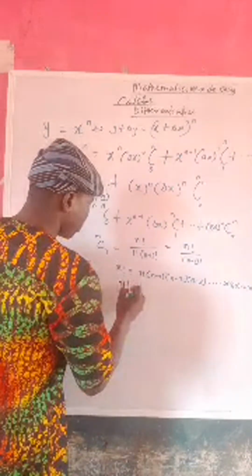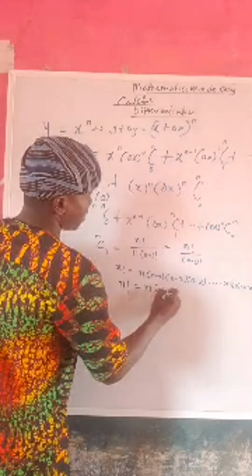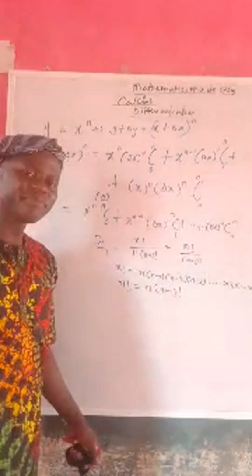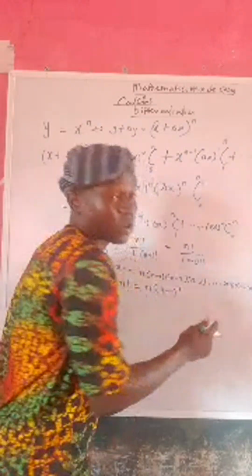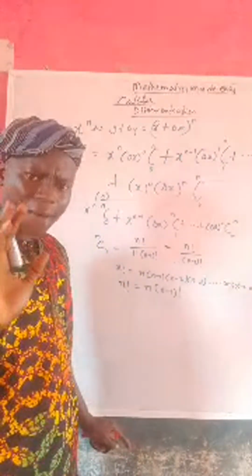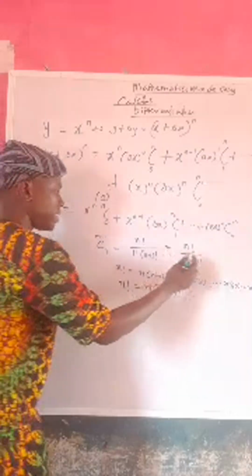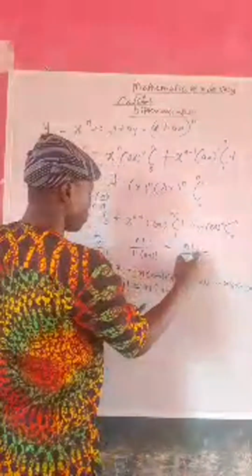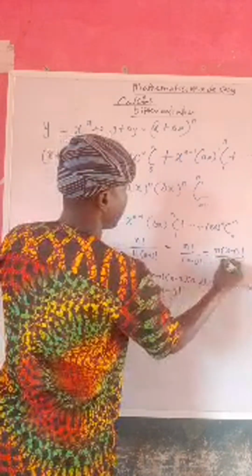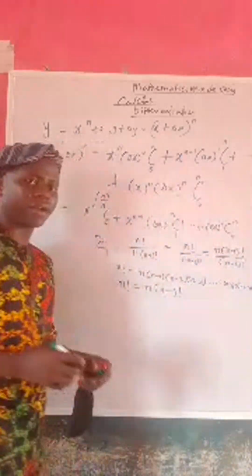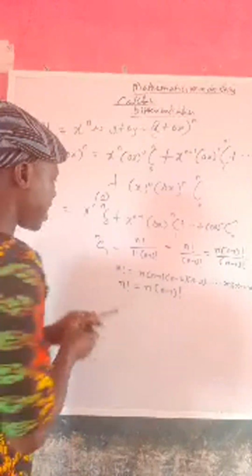It means n factorial means n into brackets n minus 1 factorial. Okay? So everything right here is equal to n minus 1 factorial. Are we together now? So instead of writing n factorial, we can write n into brackets n minus 1 factorial, then over n minus 1 factorial. Are you getting it, guys?